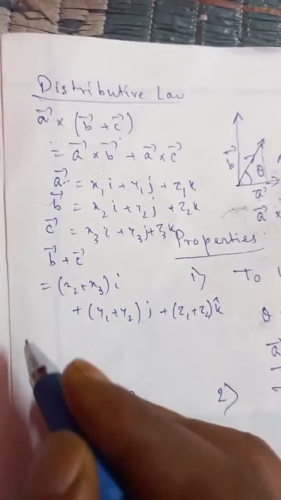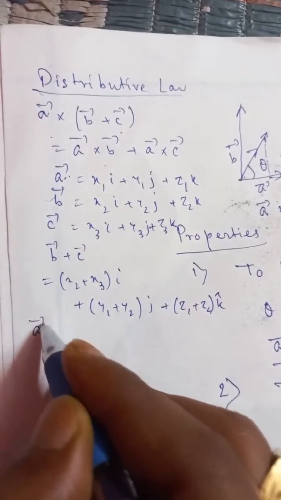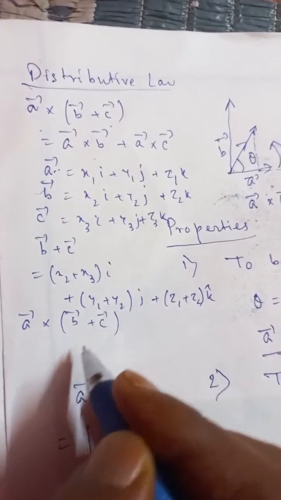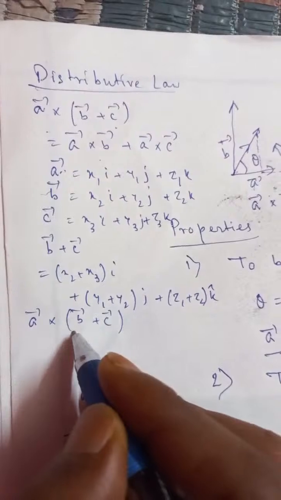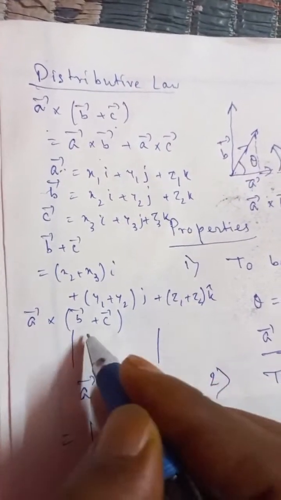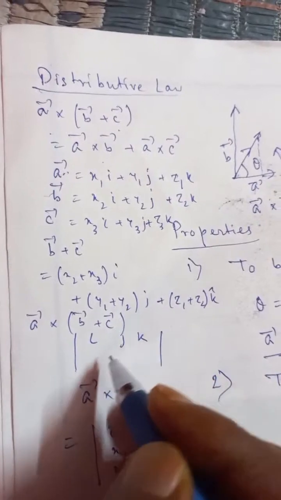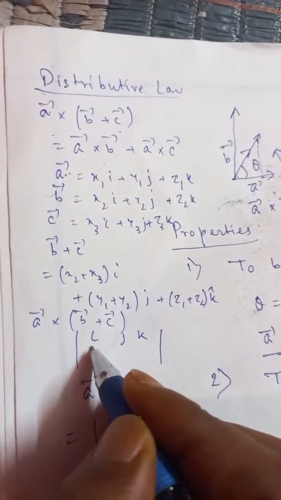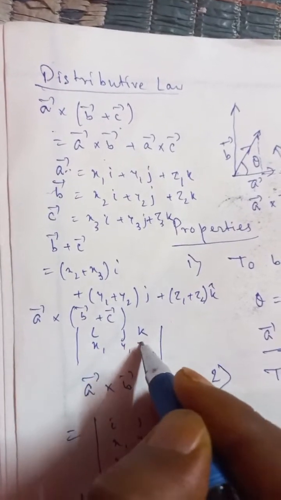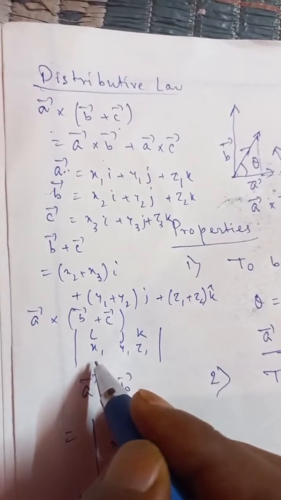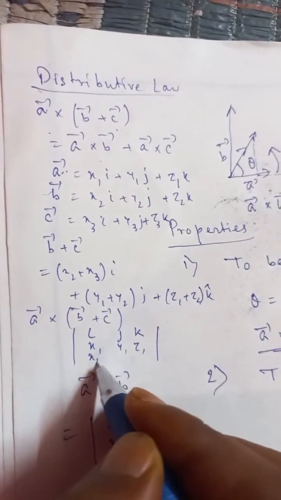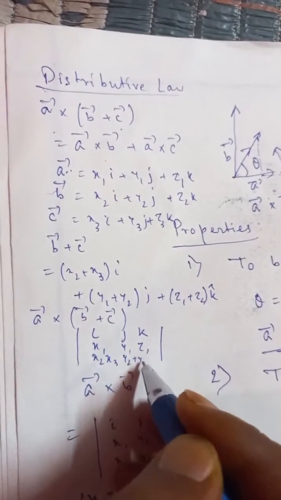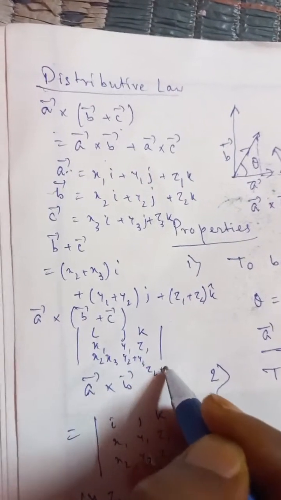Now if we cross, A cross (B vector plus C vector) will be the determinant with rows i j k, x1 y1 z1, and x2 plus x3, y2 plus y3, z2 plus z3.